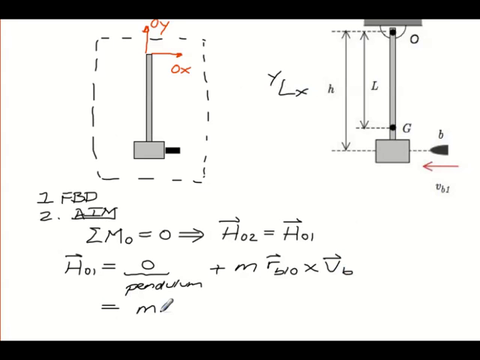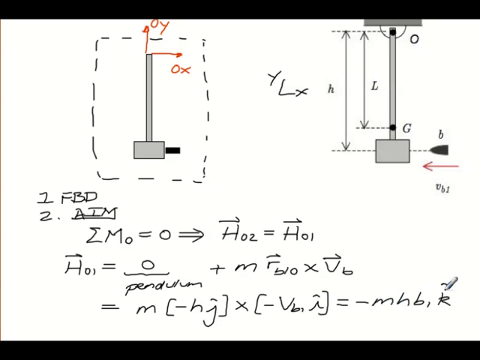So that's m times the vector from O to B, which is minus h j, cross with the velocity of the bullet, which is minus vB1 in the i. We know that j cross i is a minus k, so this is minus m times h times vB1, in the negative k.